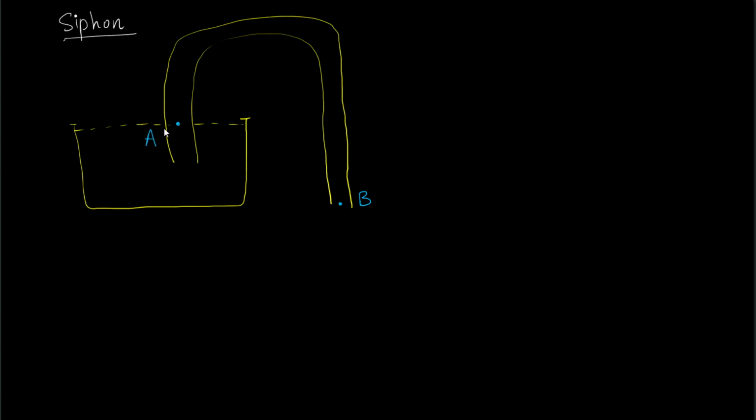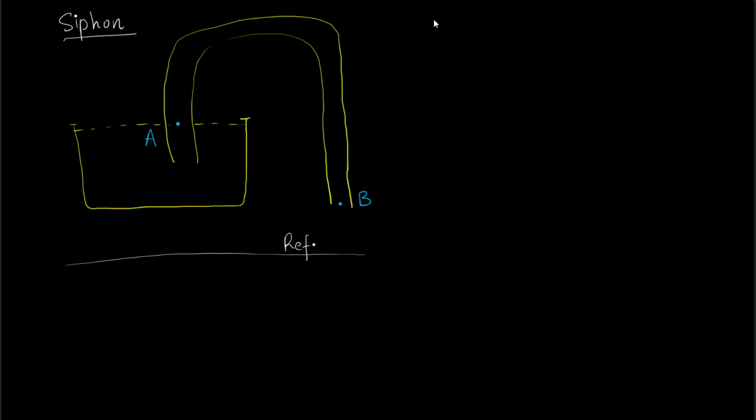So now let us try to find out what the velocity at the exit point will be. First things first, let us draw a reference point. Let this be the reference plane. So the reference plane gives us a reference point with respect to which we can write down the heights of the different points we are interested in.